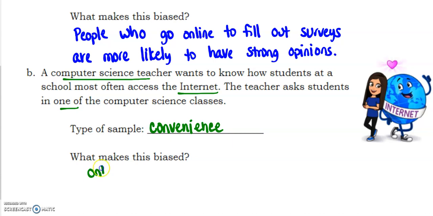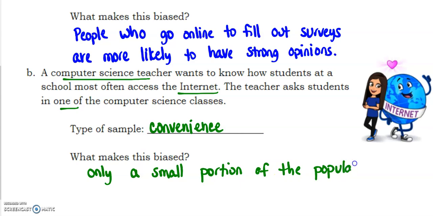So only a small portion of the population was included. And more importantly, it wasn't just that they were included, it's whether everyone was given the chance to be included.